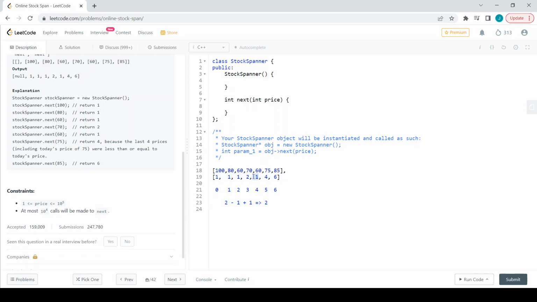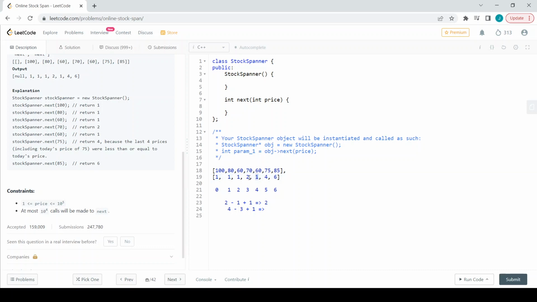Let us consider this case. For this 60, the next greatest element is at index 3, and the current index is 4, so 4 minus 3 is 1.